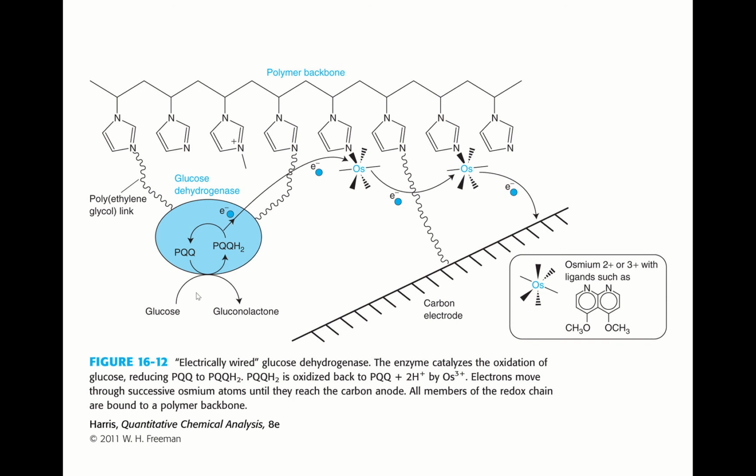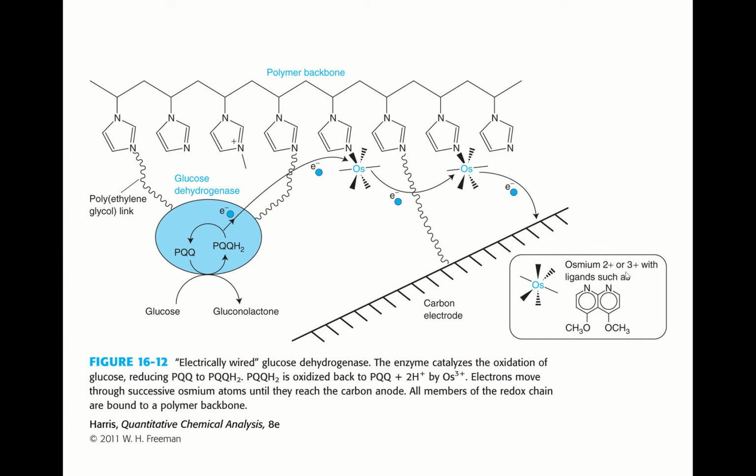First, the electrons go to this PQQ, pyrroloquinoline, and then it becomes the hydroquinone, okay? And then this one is oxidized, and the electrons now go to this osmium complex. This osmium's oxidation state is plus 3 or plus 2.